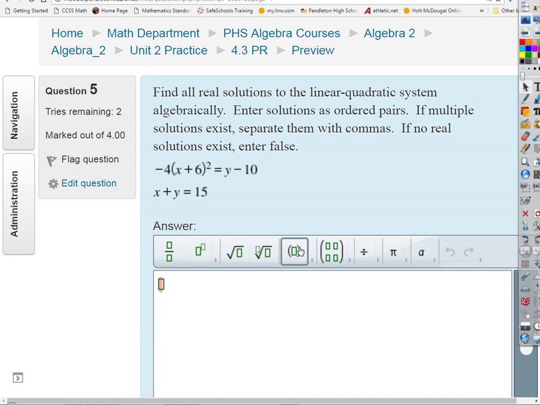And then last one. Okay, so this one we probably would want to solve for y. And let's talk about that for just a second, why that's the case.